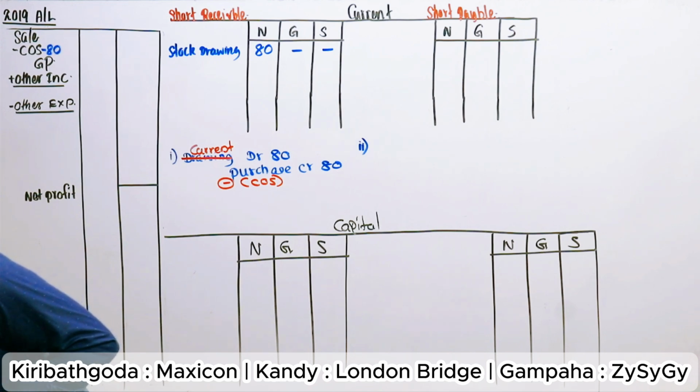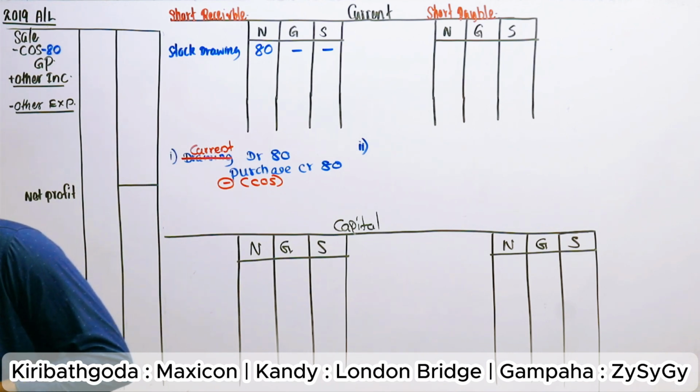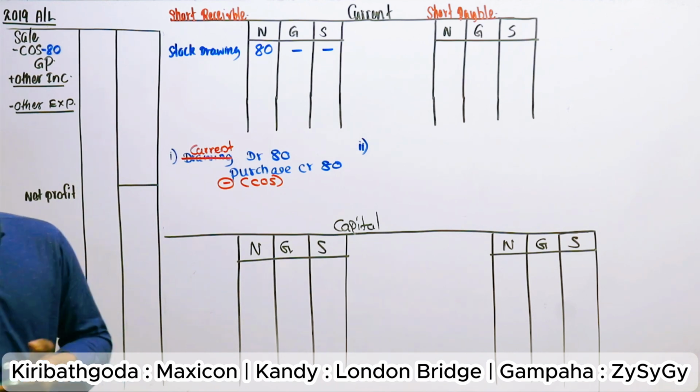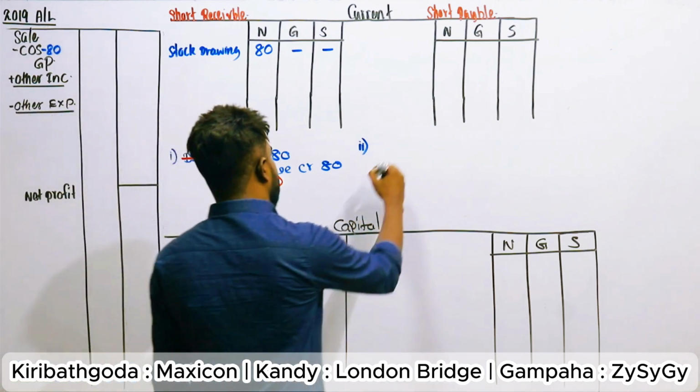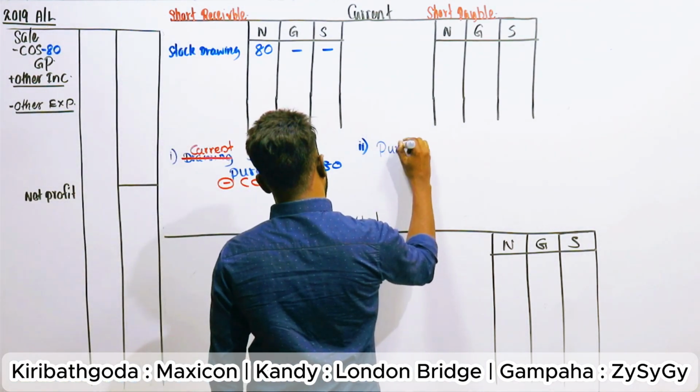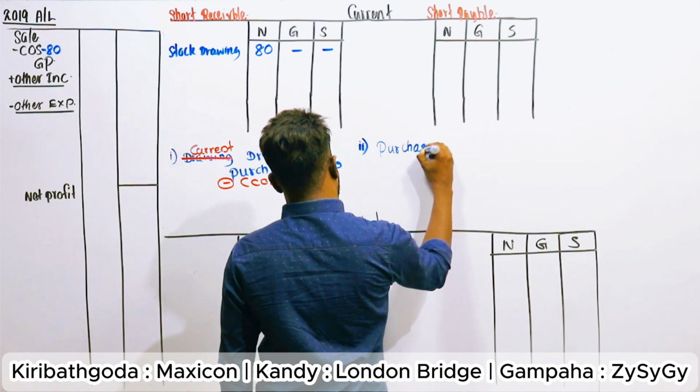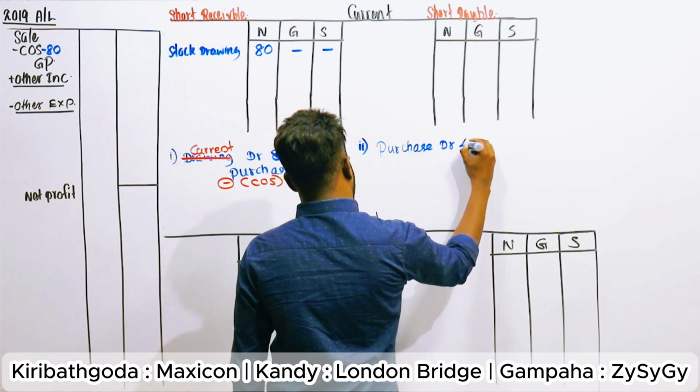400 goods, purchases. Then what's the double entry? Purchases debit 400.